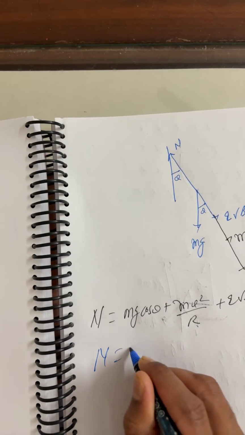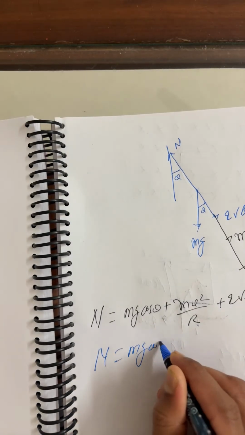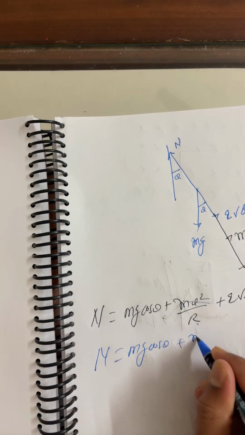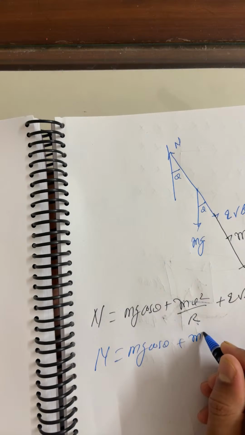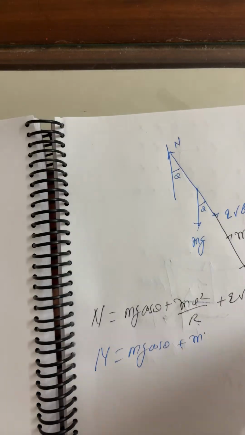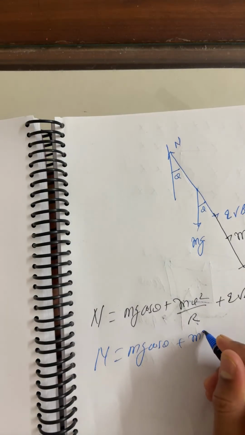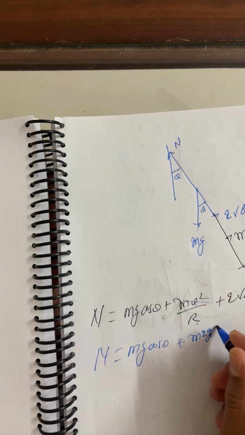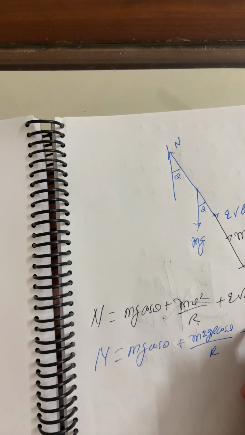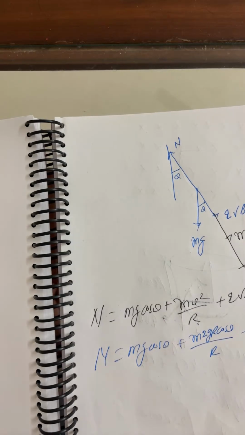So normal equals mg cos theta plus v square, which is 2gr cos theta, upon r, plus qvB.